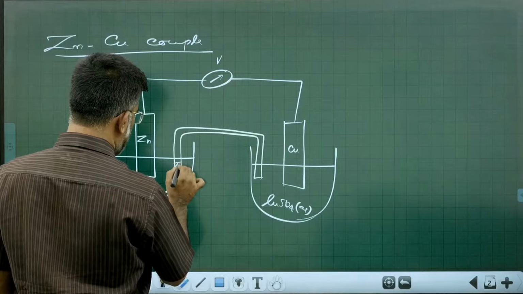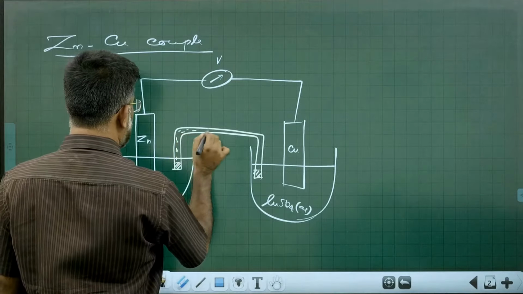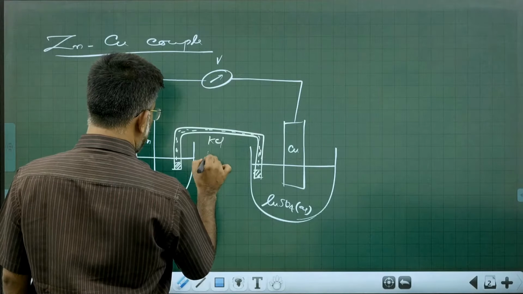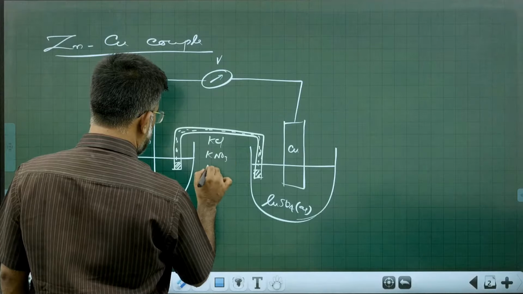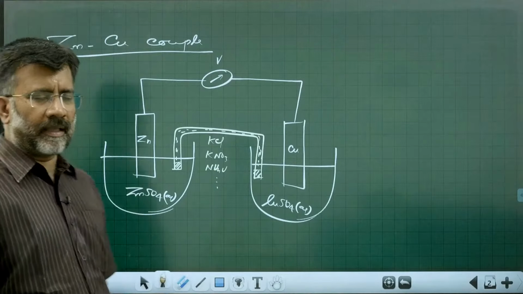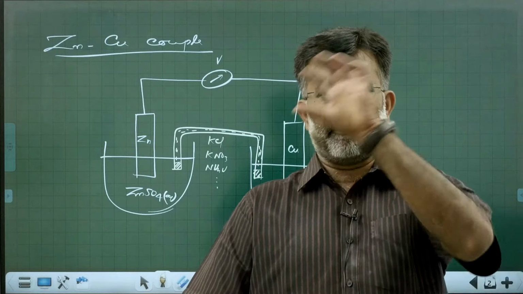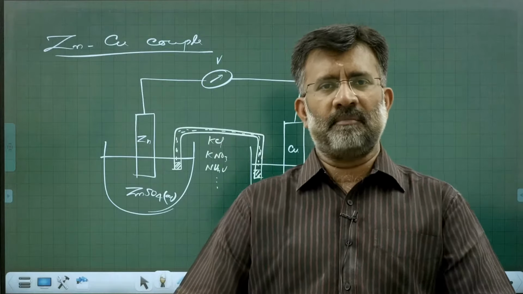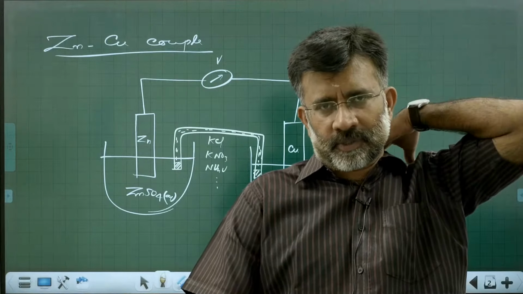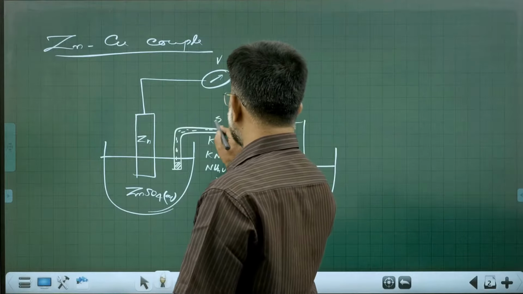The mouth of the salt bridge is closed using cotton plugs and it is filled with some neutral electrolyte like KCl, KNO3, ammonium chloride, etc., with some jelly material, connecting the two solutions. This is a salt bridge.